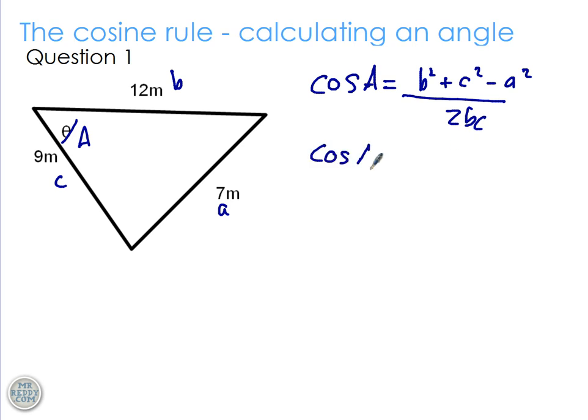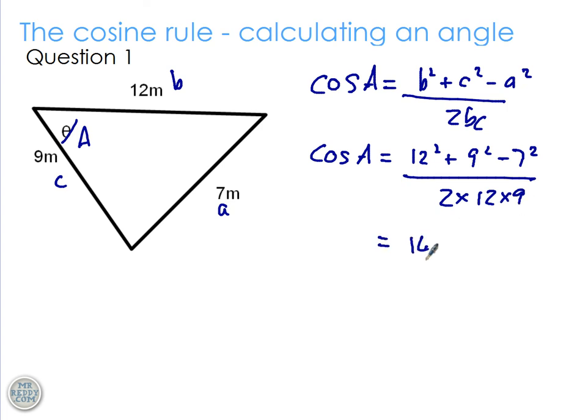Substitute what you've got. Cos A equals 12 squared plus 9 squared, take away 7 squared, all over 2 times 12 times 9. What have we got then? 144 plus 81, take away 49, all over 2 times 108.